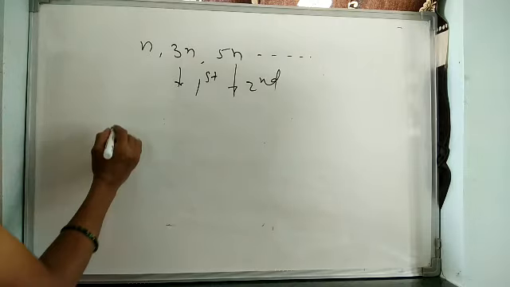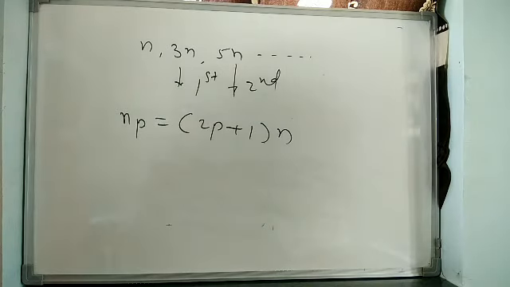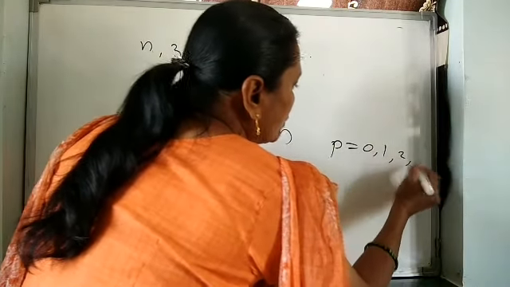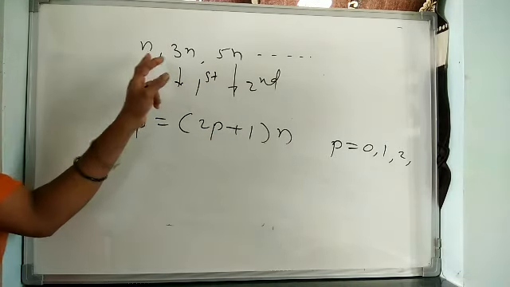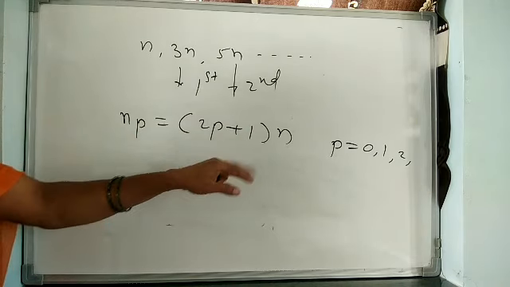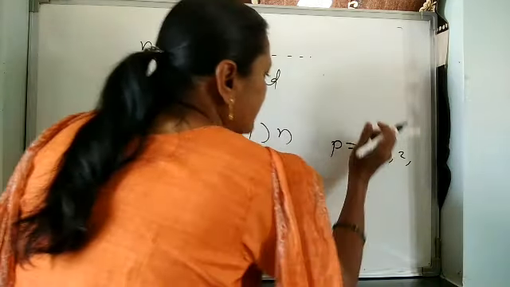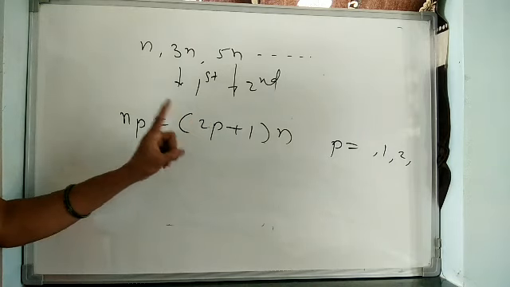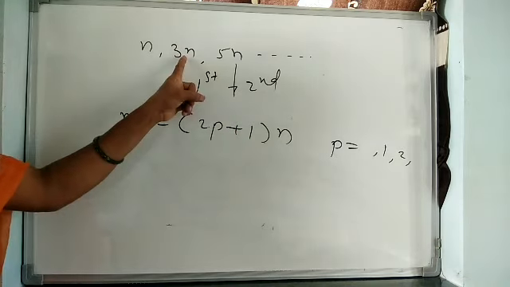And therefore, the frequency of the pth overtone will be Np is equal to (2p plus 1) into N. If we want to find the frequency of the pth overtone, we can use the formula Np is equal to (2p plus 1) N, where p is equal to 0, 1, 2, 3, etc. If we put p equal to 0, then 2 into 0 plus 1 means it will be equal to N. For p equal to 1, the first overtone frequency is 2 into 1 plus 1, that means 3N.